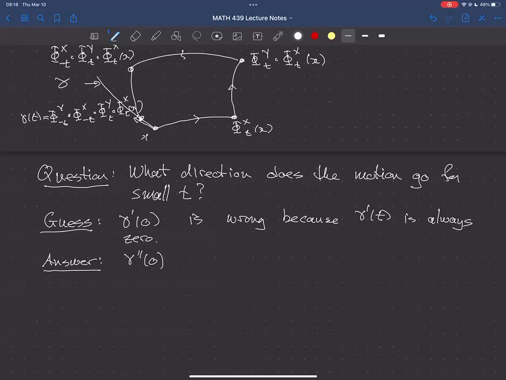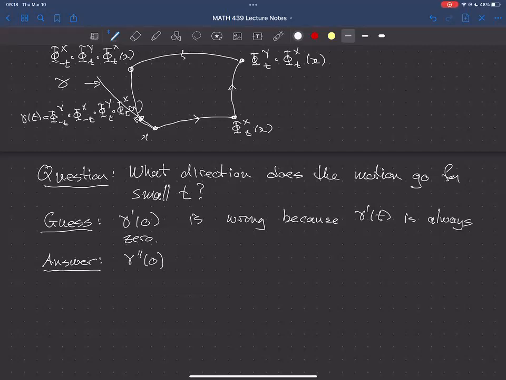And you have to be careful about what that means. In a homework problem, you will show that if you have a curve, the second derivative with respect to time along the curve is not a tangent vector. But if you look at that problem, you'll see that the terms in the expression for gamma double prime which cause that thing not to be a tangent vector, the problematic terms, go away when the first derivative is equal to 0.